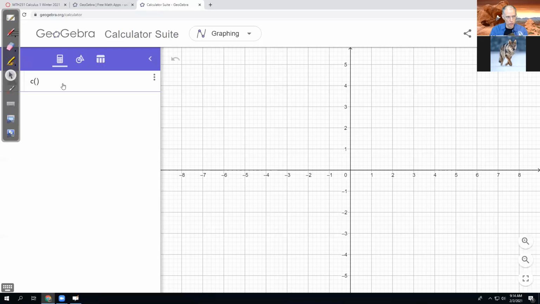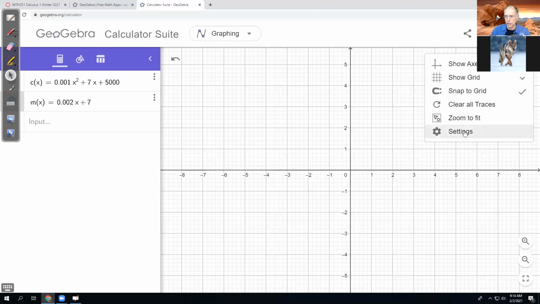So I have my cost function, and that is equal to 0.001 x squared plus 7x plus 5,000. And I'm going to type my marginal cost in too. I'm going to call that M for margin, and that is 0.002 x plus 7. And I need to change my scale here.